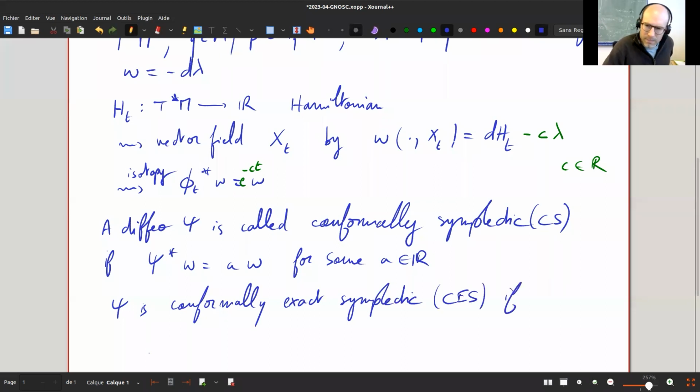But A is a constant, not a function, right? A is a constant, yes. In dimension at least 4, there is a small lemma that says you cannot have a non-constant function here. This cannot happen. So it's not a big restriction, except in dimension 2.